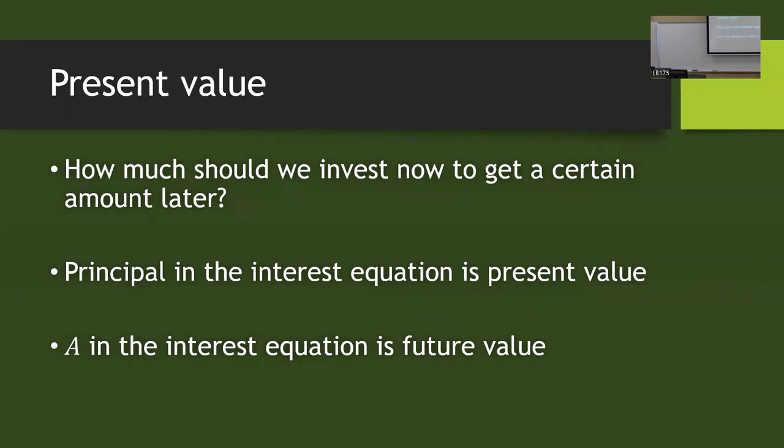Present value says, I want to get out 3,600, how much should I put in right now? So far, I've always given you the principal.